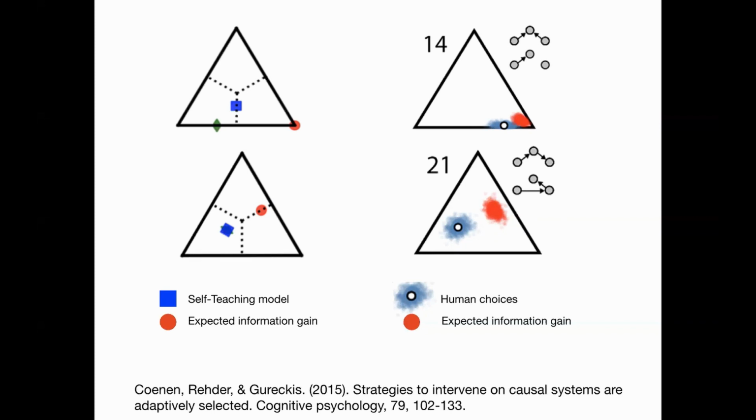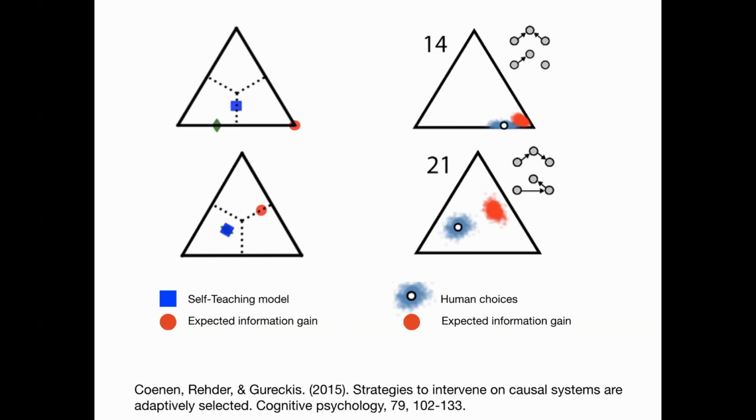These 2 examples show that model goodness can vary from scenario to scenario. Nonetheless, it is encouraging to see that in some scenarios, the self-teaching model is a very good model of humans' active learning behavior, even when the popular model of expected information gain is not.